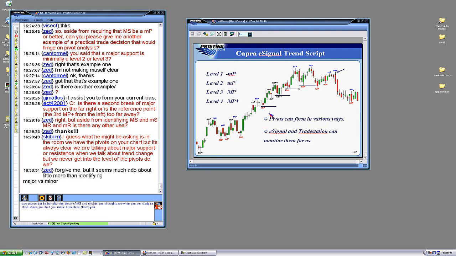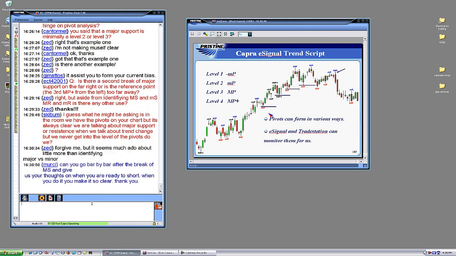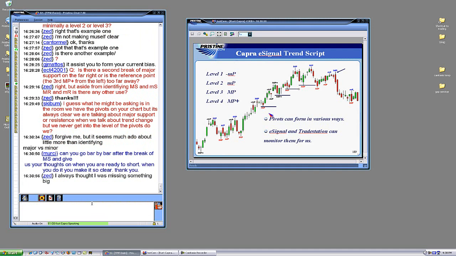It may seem simple, but so many traders get caught on the wrong side of the trend. And it's not necessarily something big.